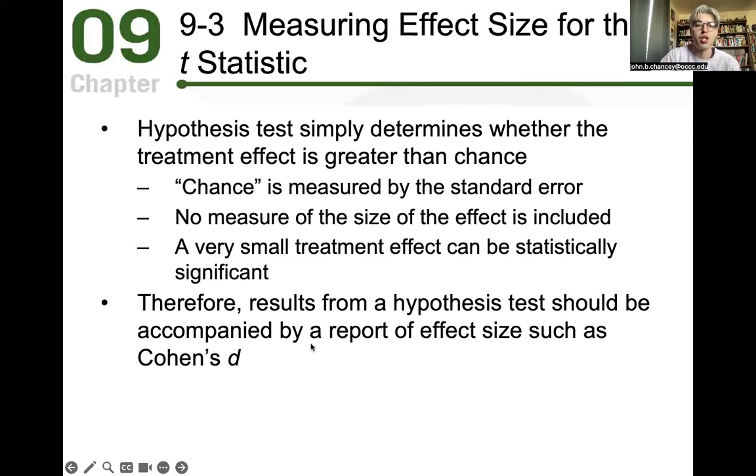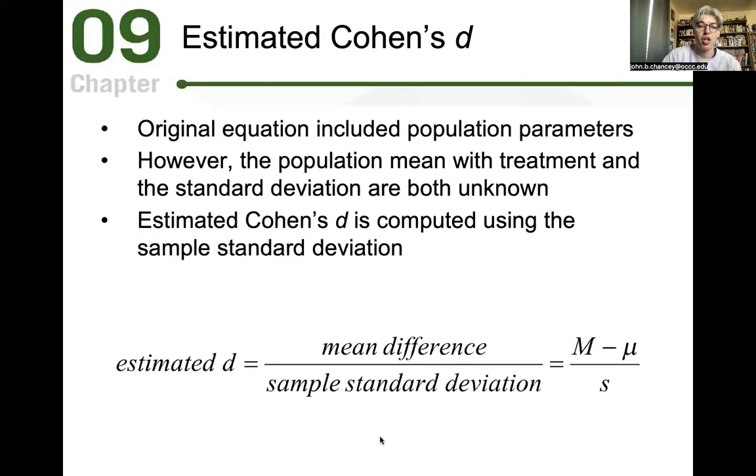This is when you can use your results from your hypothesis test in reporting effect size with Cohen's d, which here is the estimated Cohen's d. You take your mean difference divided by the sample standard deviation. Our original equation included population parameters. However, the population mean and treatment standard deviation are both unknown. So estimated Cohen's d uses the sample standard deviation instead.